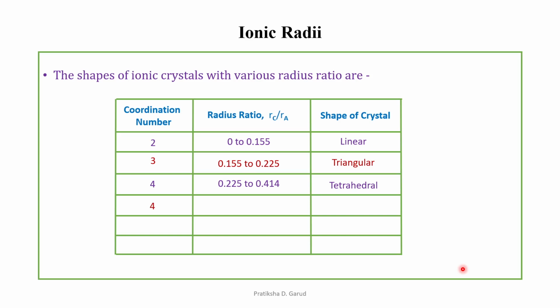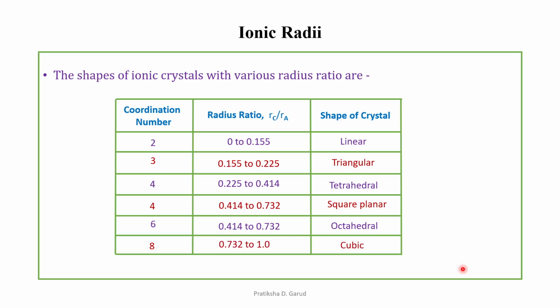Coordination number again 4, the radius ratio is 0.414 to 0.732, and the shape is square planar. Coordination number 6, radius ratio is 0.414 to 0.732, and the shape is octahedral. And lastly, coordination number 8, the radius ratio is 0.732 to 1, and the shape is cubic.